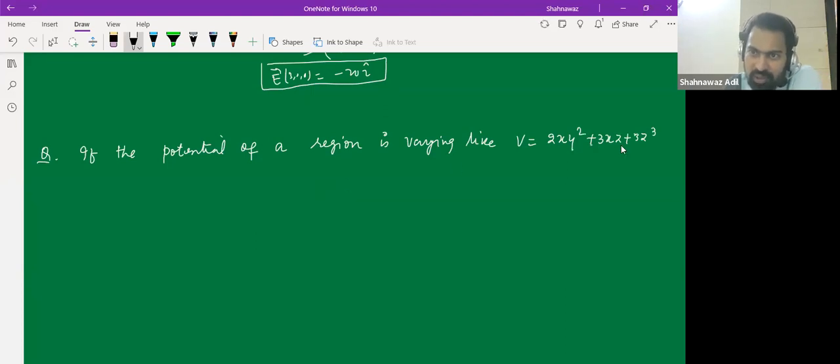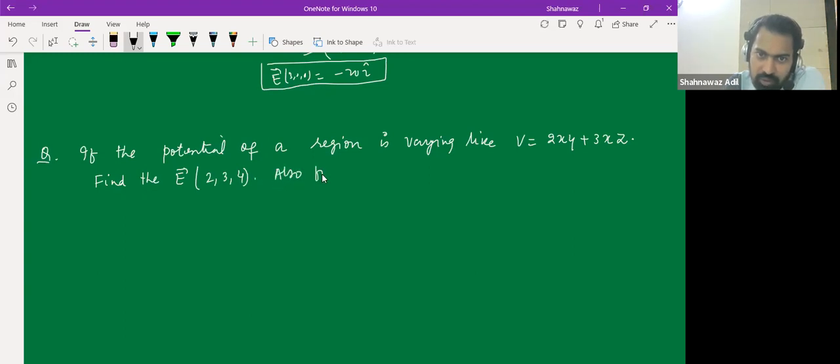Okay, so this is the potential, right? Let me take one simple one, this xy plus 3xz. This simple one. And then find the electric field at, let's say, (1,2,3).